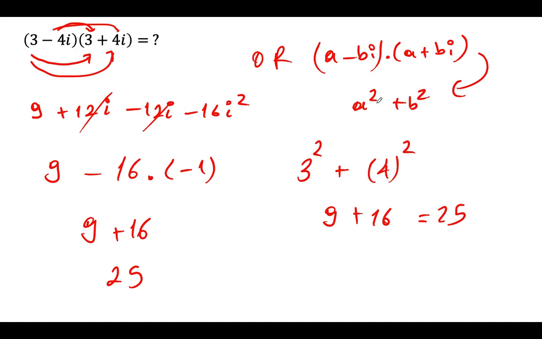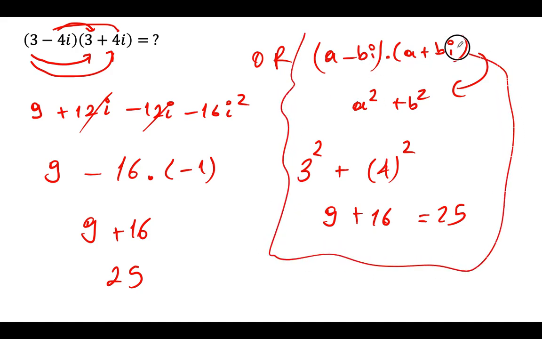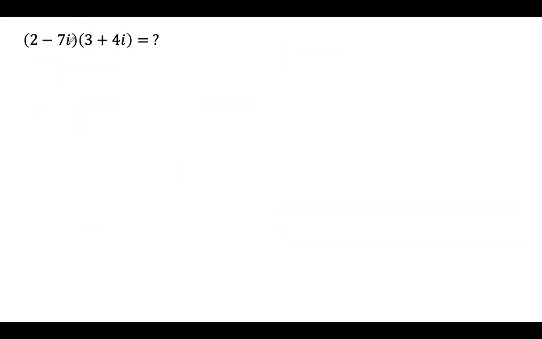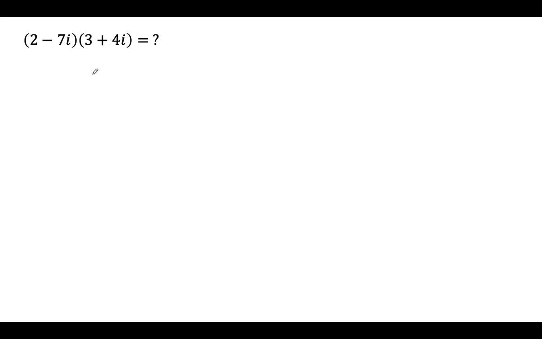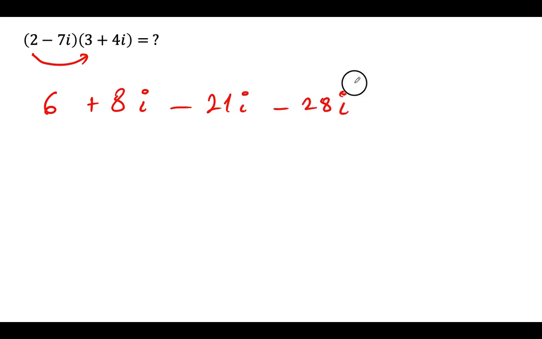So if this is difficult, forget about this, it's not important, just use the classical way. When we use the practical way, if we have conjugates, don't forget a minus bi, a plus bi. If we don't have a conjugate, we have to use the classical way, which is here. 2 times 3, 6; 2 times 4i, 8i; negative 7i times 3, negative 21i; negative 7i times 4i, negative 28i squared.